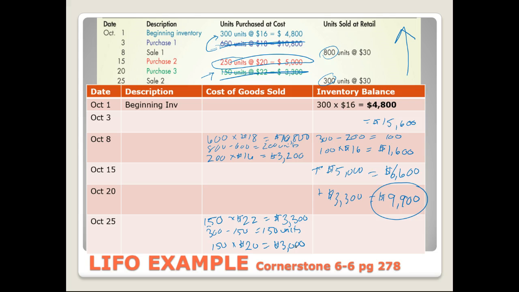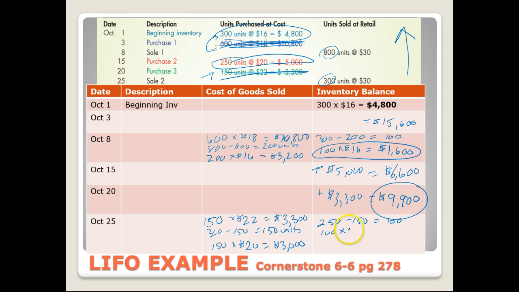$6,300. Now, what's left? Well, did I use up all of the units from the blue inventory grouping? No, I did not. I still have that 100 left, right? Did I use up all the purples? Yep, I already crossed it out. We already used all those up. Did I use up all my red ones? No, I actually only sold 150 of those just now, so I still have 100 units of those left.